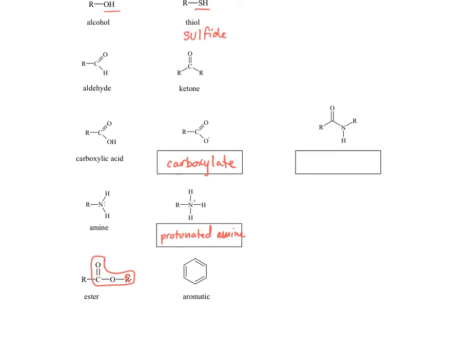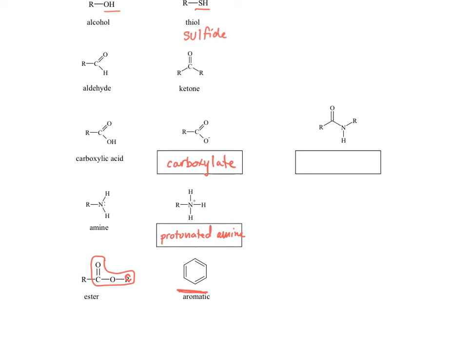That one we're going to see much more later in the class, and we'll just be asking you to recognize it for now. Aromatic rings are those that have conjugated double bond systems. We're going to use those and see them a lot, but a lot less so than you did in organic chemistry. The last one is probably the most important one for the first month of our class.